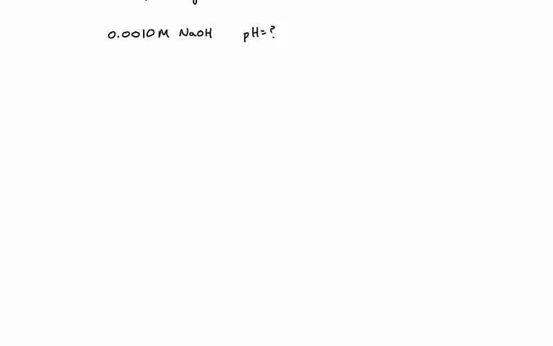Well, the first thing that we're going to have to do here is figure out what the hydronium concentration is for this solution. Okay, so we remember that Kw is going to be equal to the hydronium concentration times the hydroxide concentration, which is equal to 1.00 times 10 to the negative 14th.